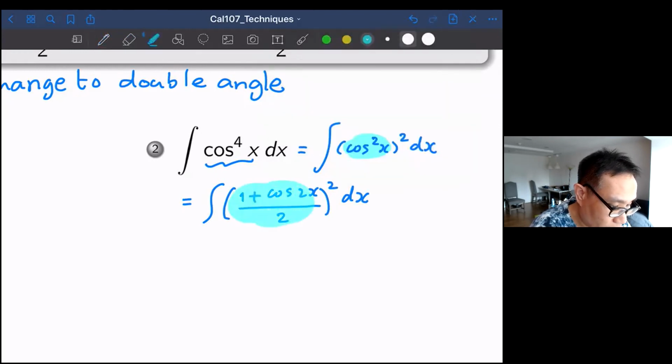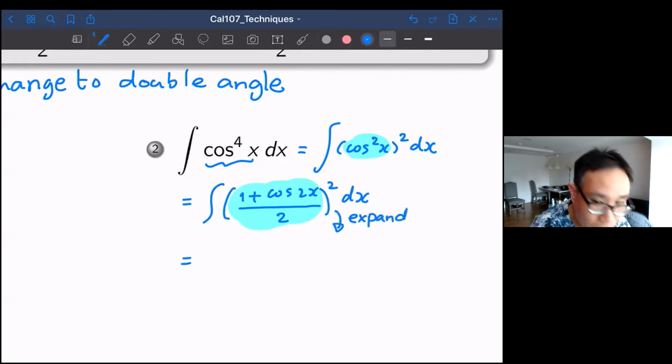This is the blue one, and then you're going to expand this one. So here to here, we're going to expand this. You're going to have 1 over 2 squared outside, and you just complete the square up there.